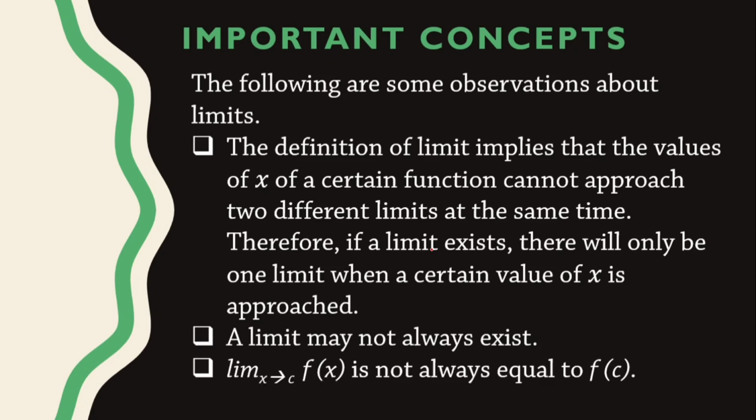And lastly, the limit of f of x as x approaches c is not always equal to f of c. The evidence of this was shown in our example number 4 in understanding limits using table of values. You get it?